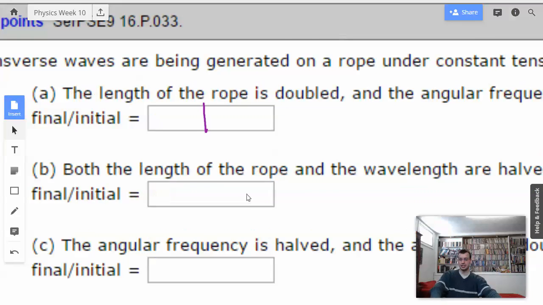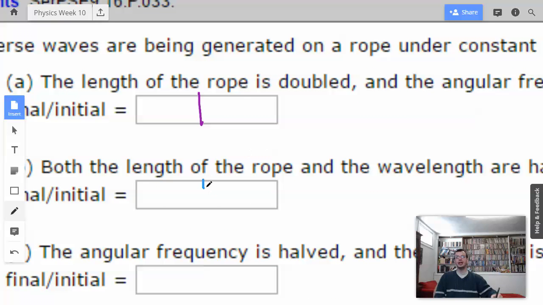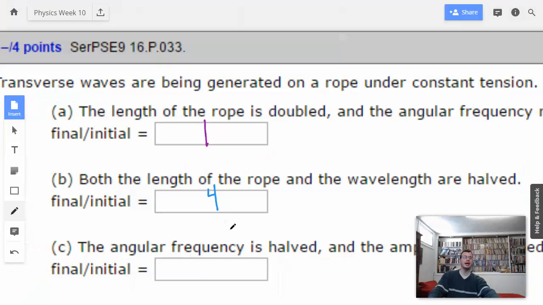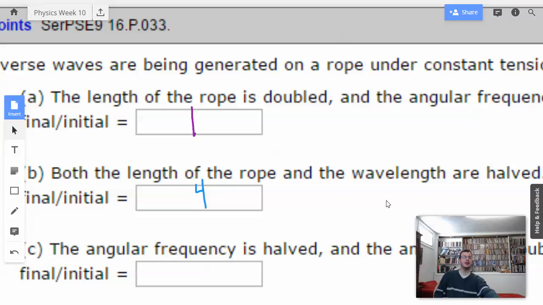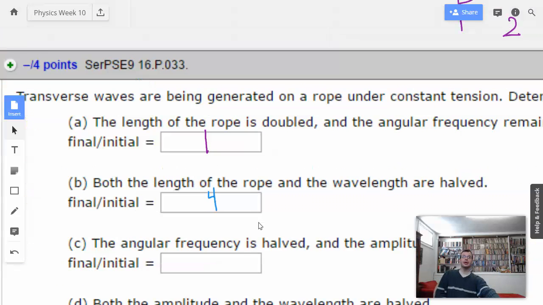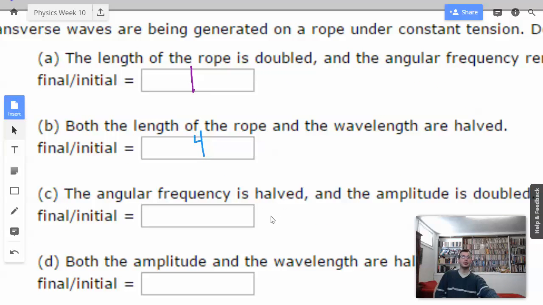So the final will be 4 times as big as the initial. And it does make sense that if you have smaller wavelengths, so if you have a rope and you're making waves like this, to get smaller wavelengths you're going to have to do it a lot faster, which is going to take more effort, which will probably mean more power.